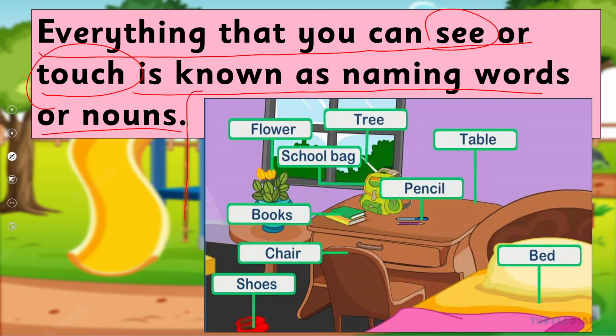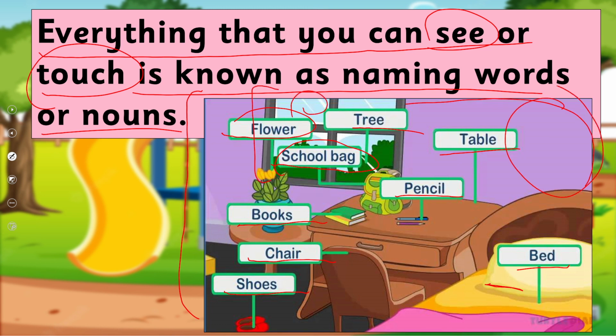And beta, wherever you are, for example, suppose this is the picture of your bedroom. So wherever you look, you find a naming word. There is a bed, there is a pillow, there is a pencil, there are books, there is a chair, there are shoes, table, tree, school bag, flowers, window, sky, wall.